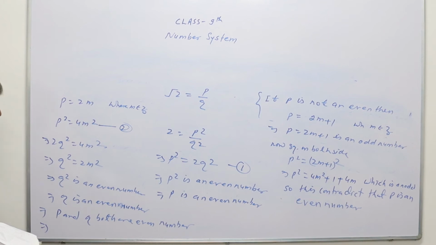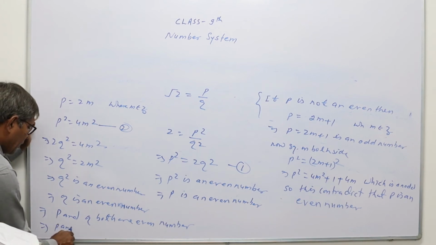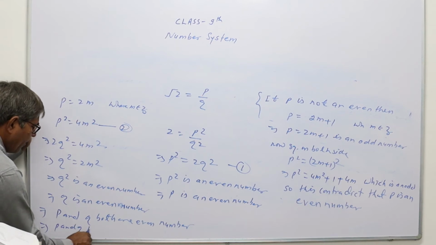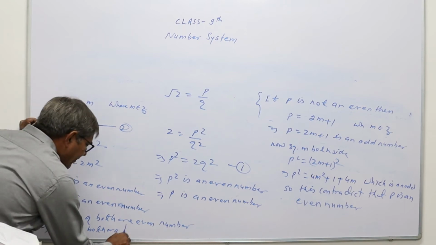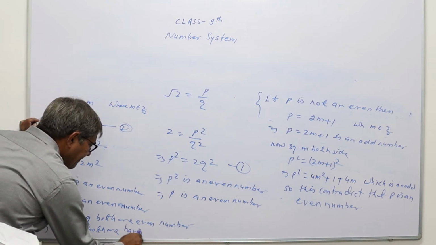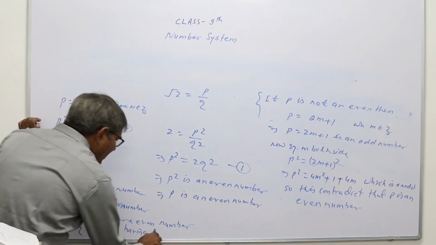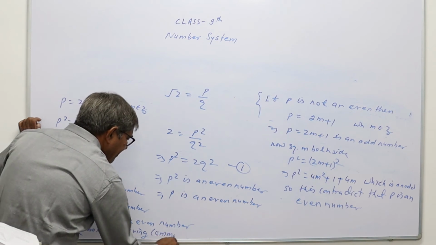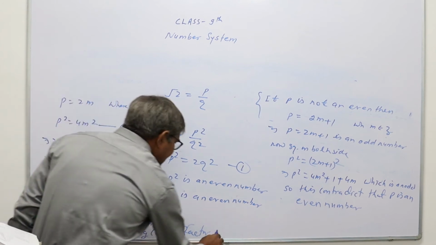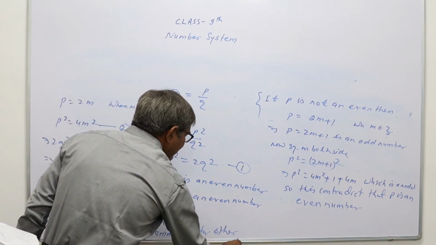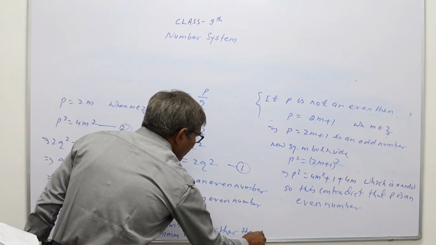If p and q both are even numbers, then p and q both have a common factor other than 1.